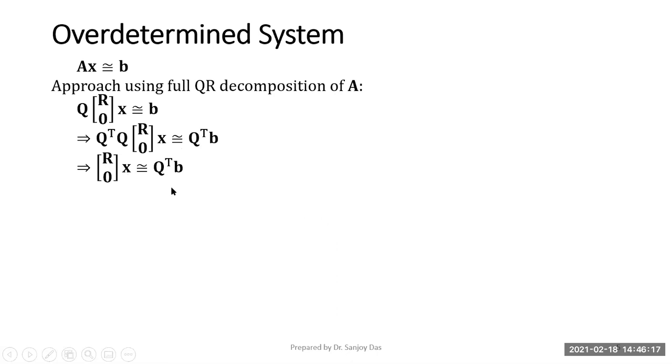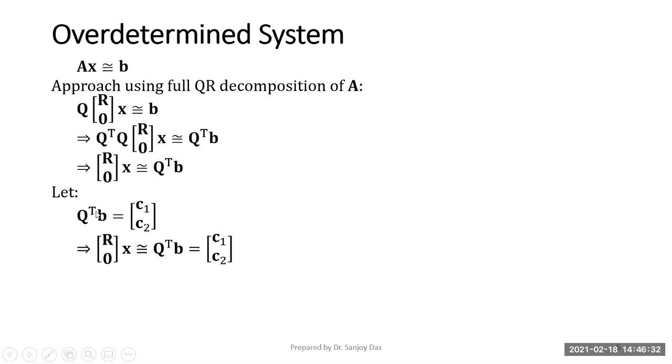Right? And remembering that Q is the big M by M matrix, so what is Q transpose B? It will be an M as in Missouri, a big long vector, right? Okay. So let us express Q transpose B in this form. Q transpose B is a block vector of size M times 1. And we will break it up into two parts.